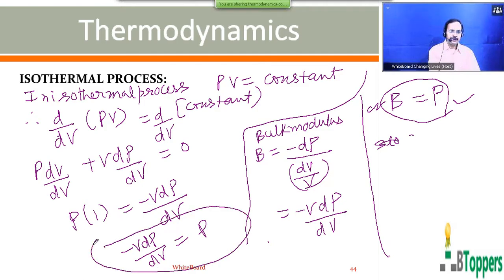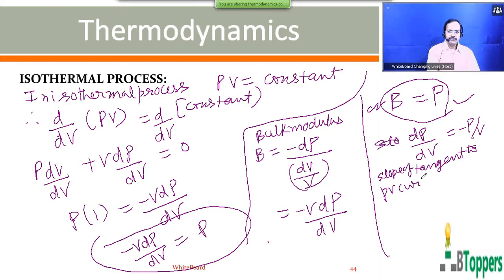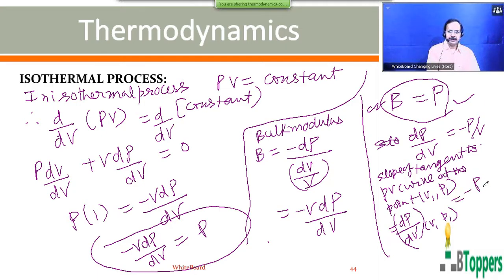From this equation, you can write dP by dV is equal to minus P by V. So the slope of the tangent to the isothermal PV curve at the point with coordinates V1, P1, that is volume V1 and pressure P1, is equal to the value of dP by dV for those coordinates, which you can write as minus P1 by V1.